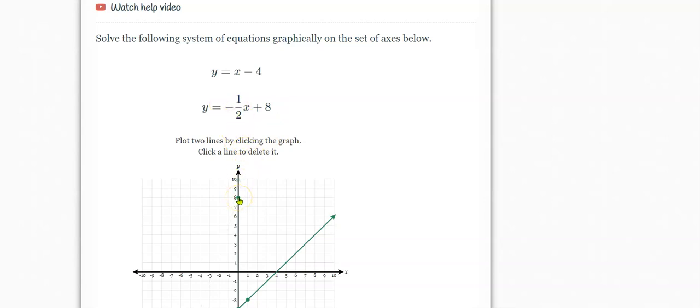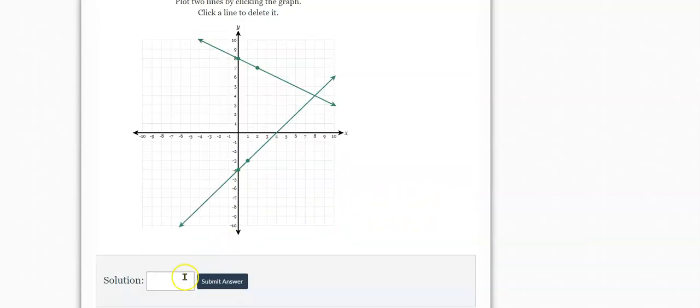Now remember, you can only use the negative one time. So if I go down 1, I have to go +2. There's my point of intersection over here, 8, 4. So I'm going to type that with parentheses, (8, 4).